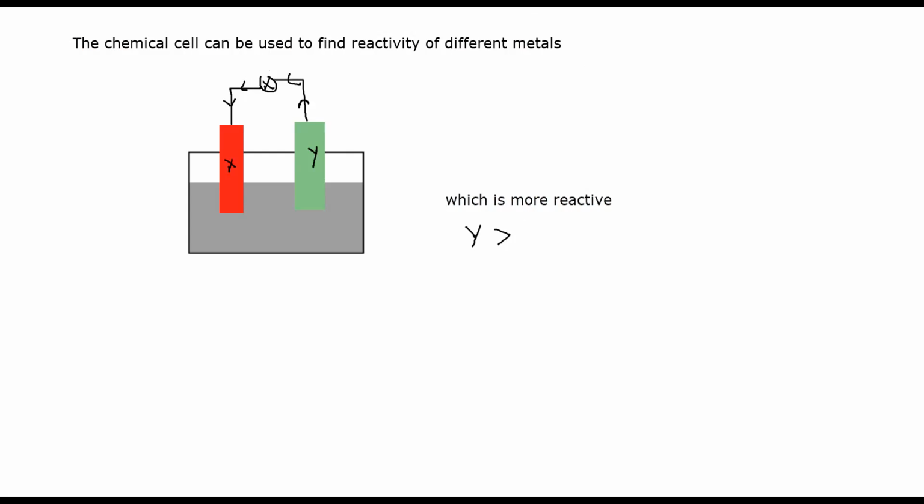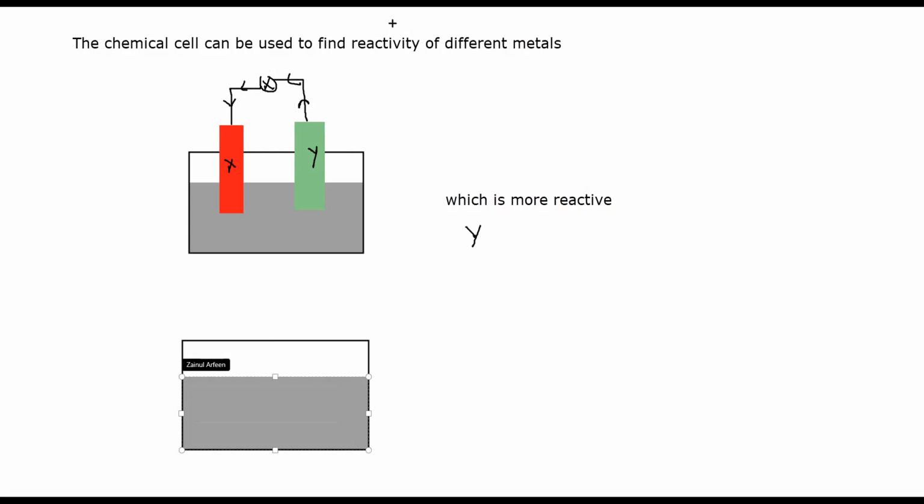If there's another cell which consists of Y and another element Z, and the electron is moving from Z to Y, which is more reactive here?